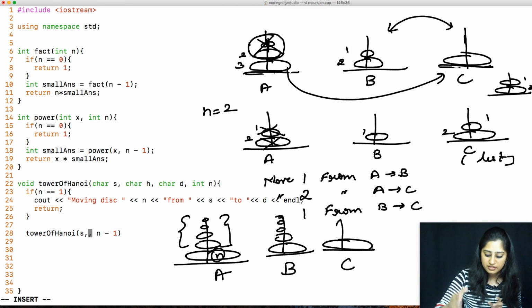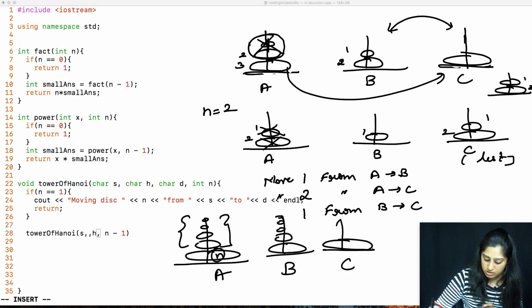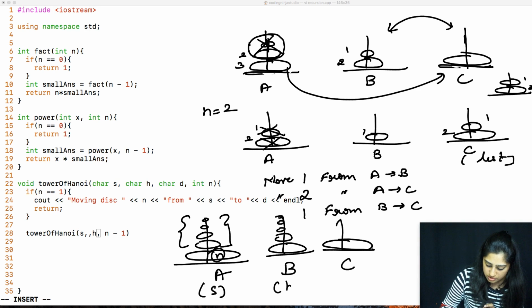So, for my current scenario, the first n minus 1 disks should be moved from A to B first. So, the destination should be the helper. Let me write here: this is source, this is helper, this is destination.